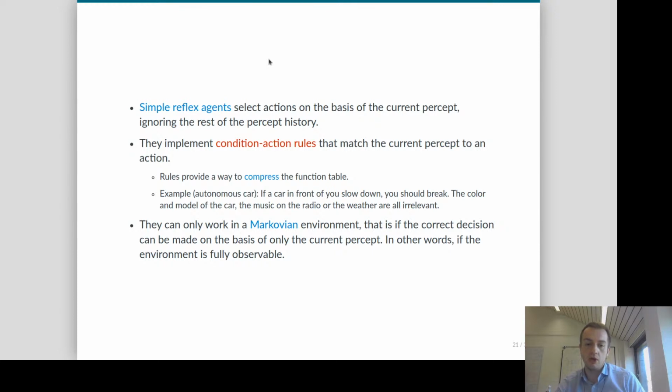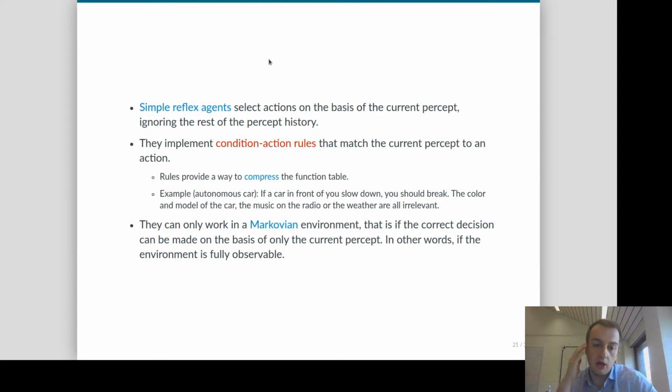For example, the color and the model of the car in front of you is totally irrelevant. There are different pictures of cars that you could see before you, but as long as this corresponds to a car and it's slowing down, then you should brake. Other things, like the music on the radio or the weather, are also irrelevant when you have to take this action.